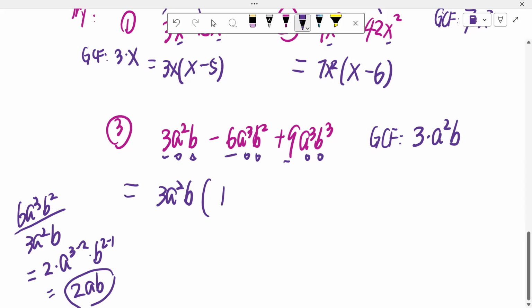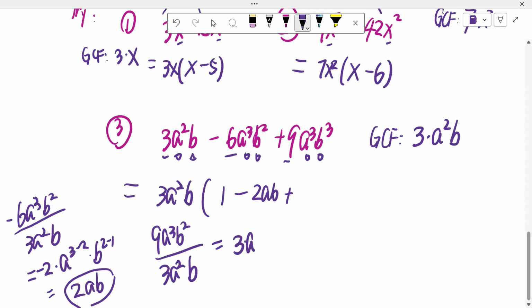Okay, 2ab. That's going to be the second term, but it's minus, right? Because it's minus. And the third term will be positive sign because it's a plus in front of it. So do 9a cubed b squared over 3a squared b. And then divide with that. 3a cubed over a squared is a.